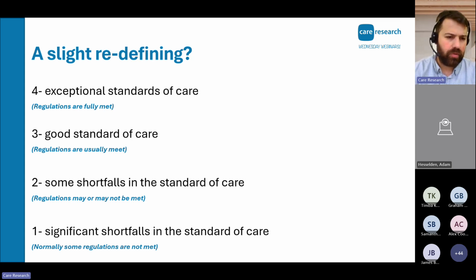Again, two, some shortfalls, regulations may or may not be met. So it's kind of hedging its bets a little bit. Even one, inadequate, it's not saying regulations are not met. It's saying normally some regulations are not met. So they're being a bit flexible here, but fundamentally, the extent to which you are complying with regulations will have a direct impact, obviously, on where you sit with that care.